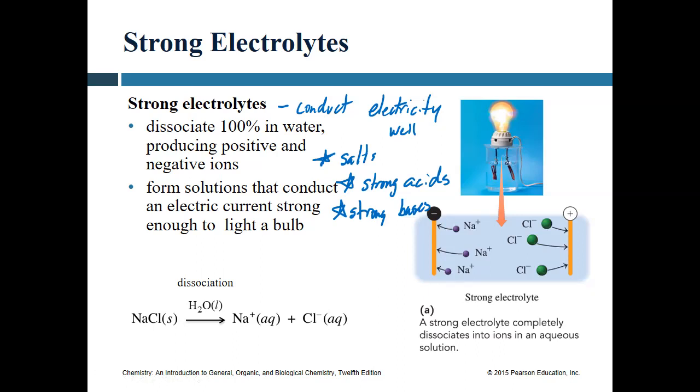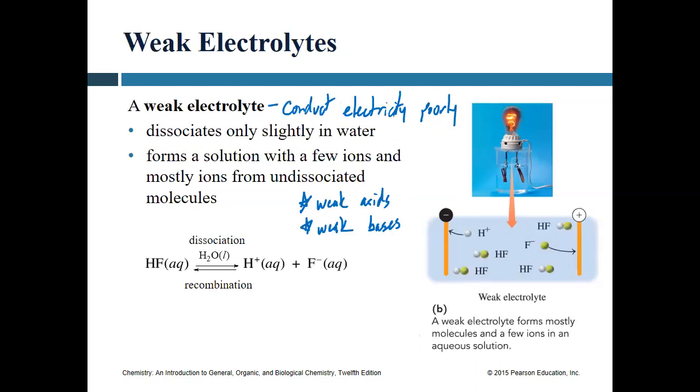In this module, we see that every single one of these gets converted into ions. So there are lots of ions in the solution. In a weak electrolyte, the split is actually not that great.